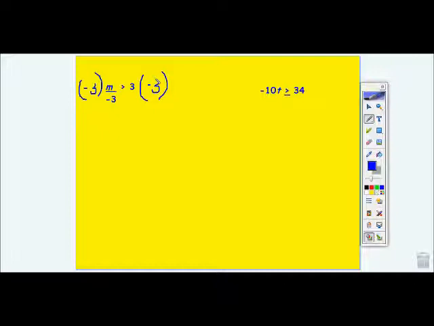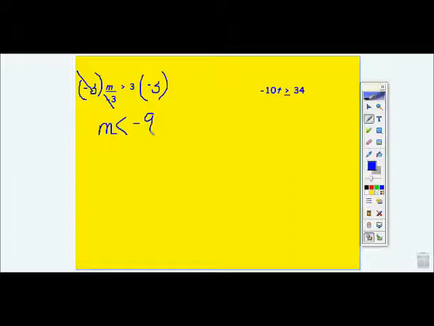Negative 3 over negative 3 equals 1, so that gives me my m. However, because I multiplied by a negative, and we're dealing with inequalities, I'm going to reverse that sign. And 3 times negative 3 gives me negative 9.